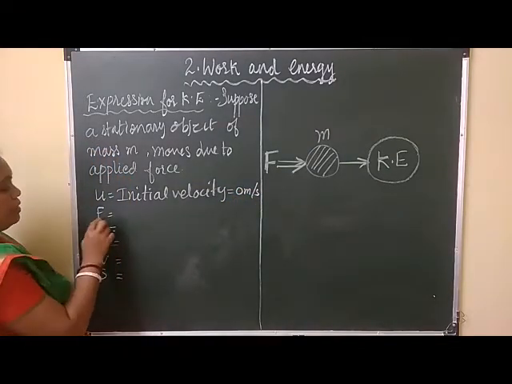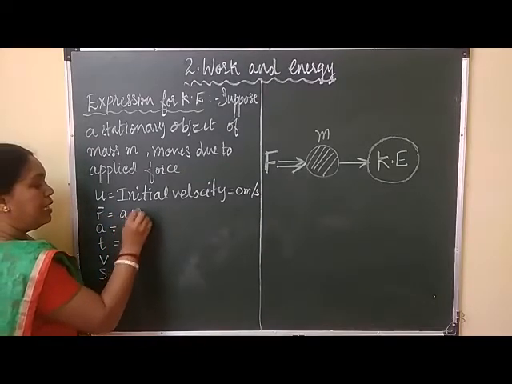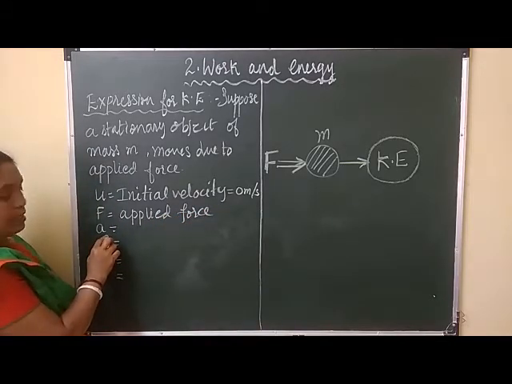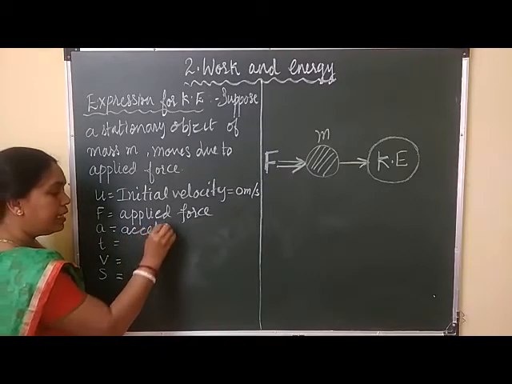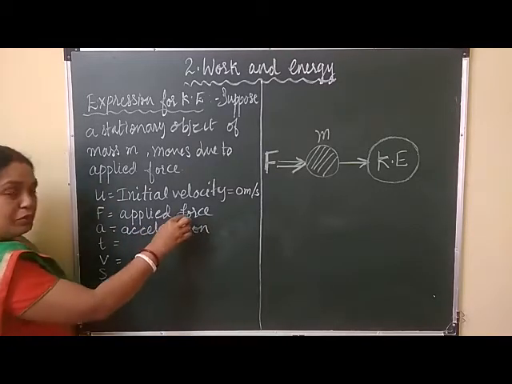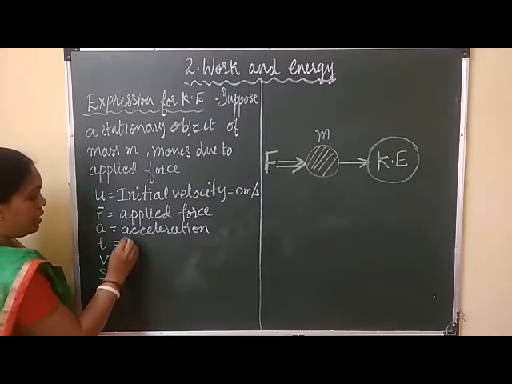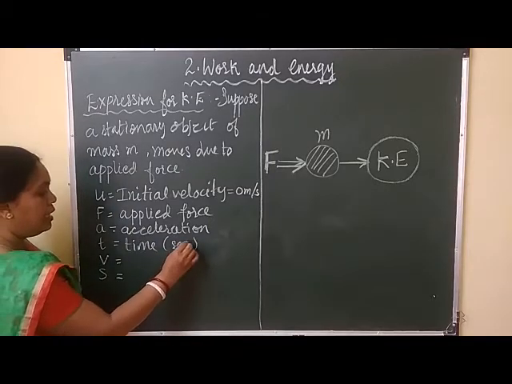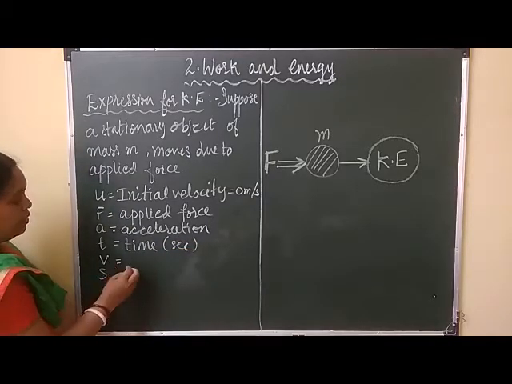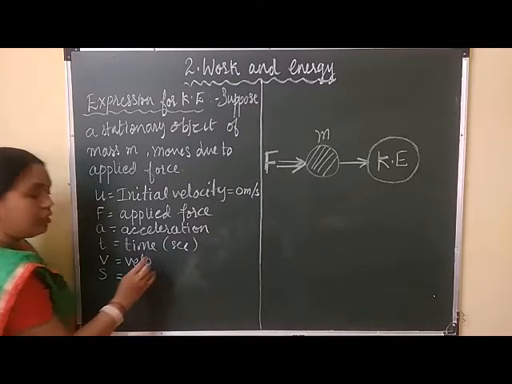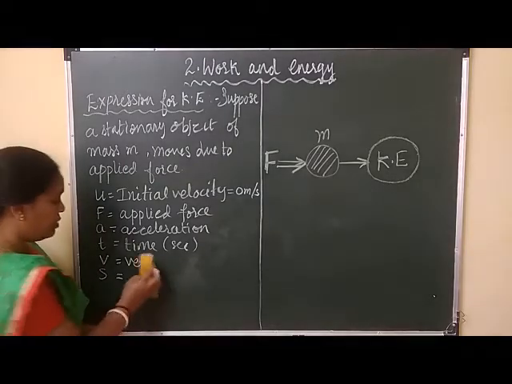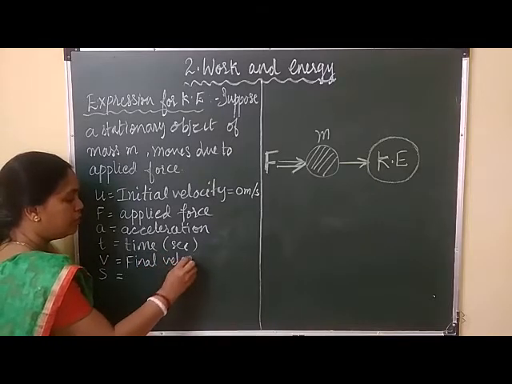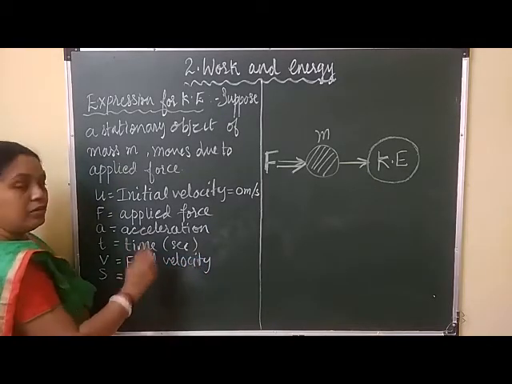Then force, capital F, is the applied force. a is the acceleration gained by the object due to applied force for time t, which is in seconds. Then v is the velocity obtained, or we can say the final velocity obtained by the object.